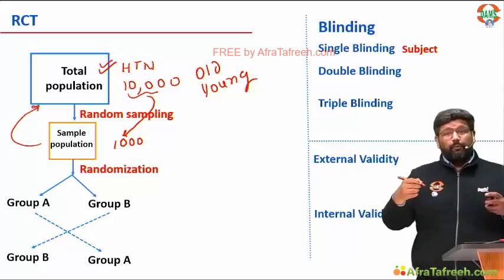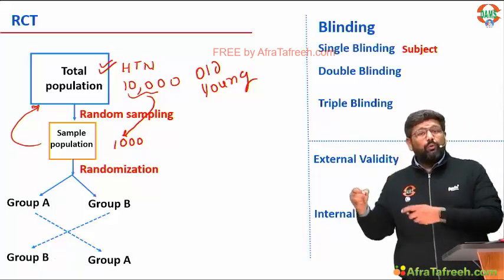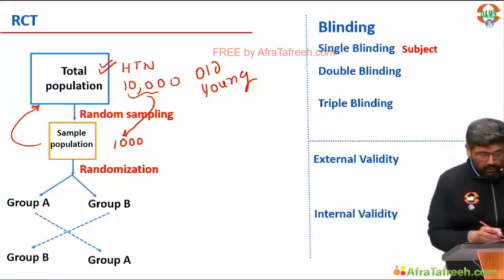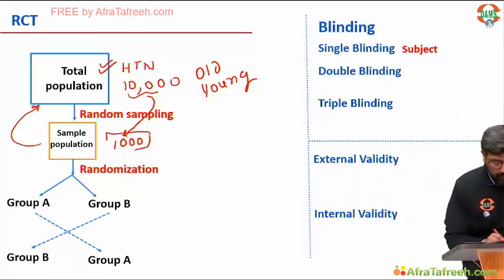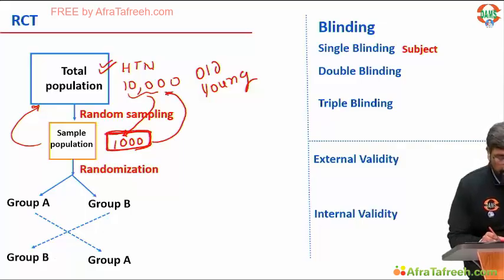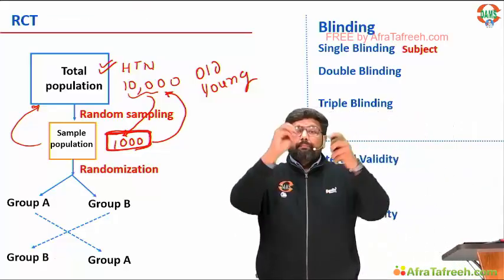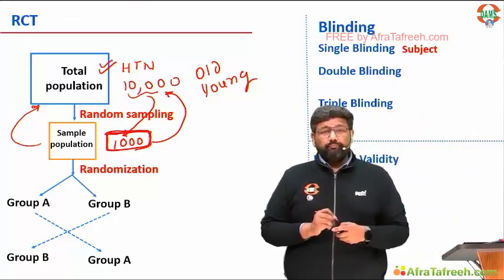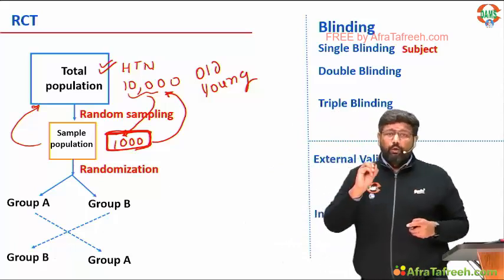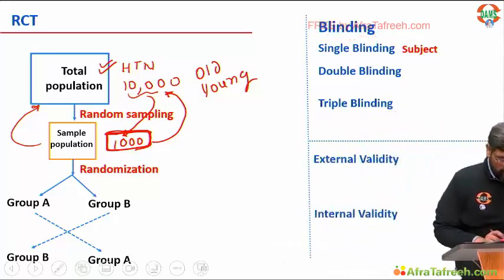The whole population includes young and old both. So these 1,000 people should be selected randomly so that they represent the whole population. Now, sorted.